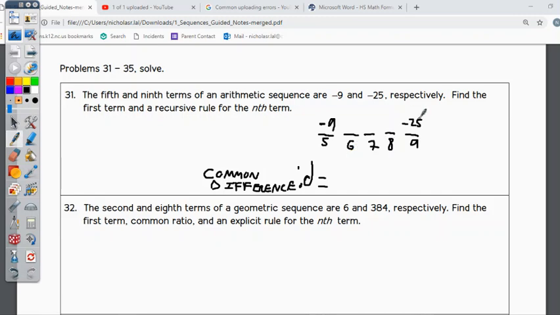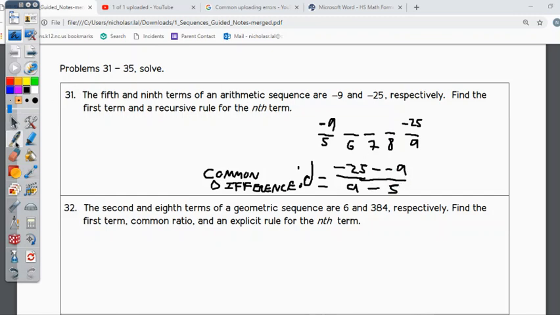-25. So what I do is I just do -25 minus -9 over 9 minus 5.